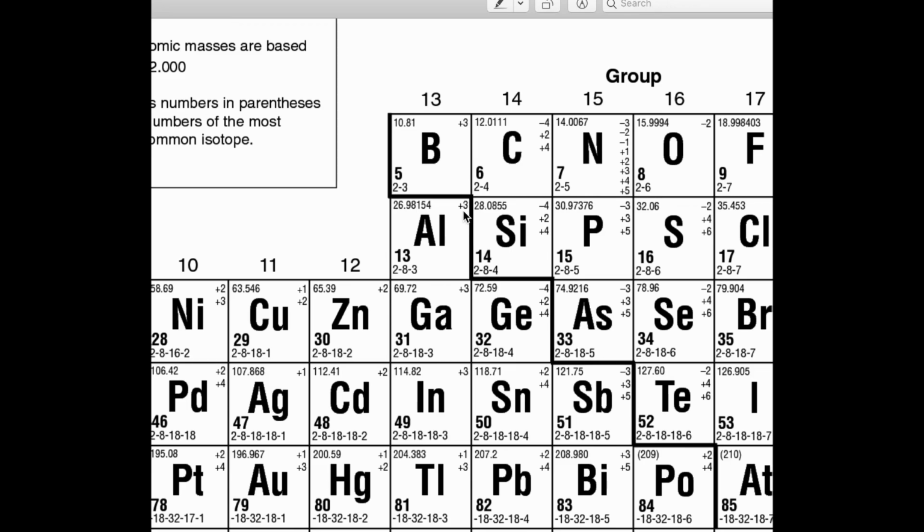Now that's called an oxidation state. It is the type of ion that aluminum tends to form when it reacts with a nonmetal here. So what this means is that aluminum tends to lose 3 electrons. Oxygen has an oxidation state of -2, and so what that means is that oxygen tends to gain 2 electrons.